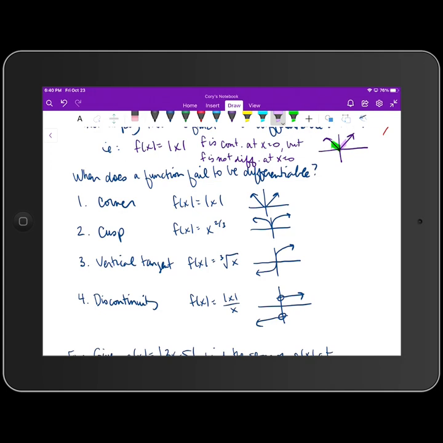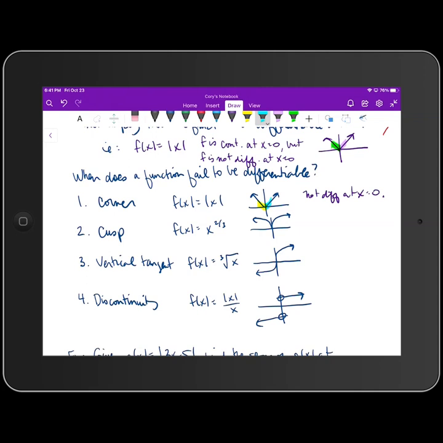An example of a function that has a corner is the function f of x equals the absolute value of x, and that function is not differentiable at x equals 0. The reason is what we said before. When we look at the slope on each side of that point at x equals 0, the slope on one side is -1, the slope on the other side is +1. Those two slopes are not the same.